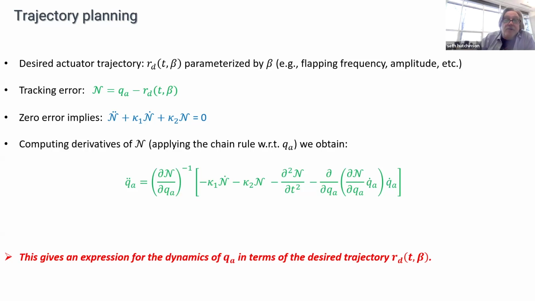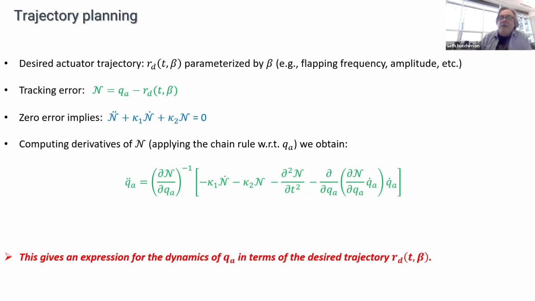So let me call the desired trajectory R sub D, parameterize it by some set of parameters that I'll call beta, which might include the flapping frequency, the amplitude of the wing flapping, the wing folding parameters, etc. I can write down the tracking error and differentiate it twice.